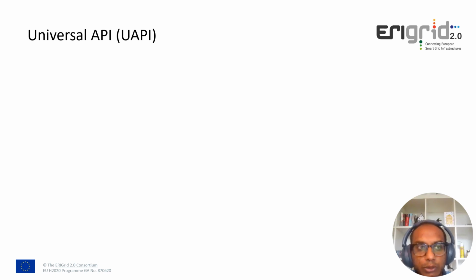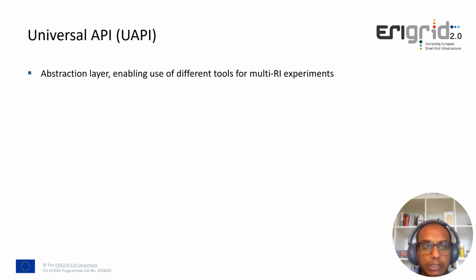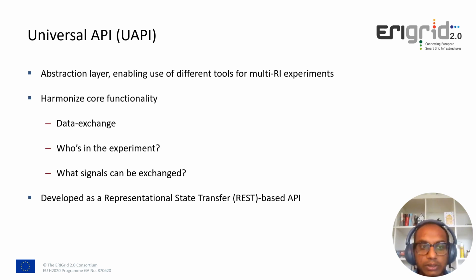And that's where the Universal API or UAPI comes in. As the name suggests, the purpose of this API is to standardize or harmonize some of the most common functionality used by these different lab coupling or transport tools. So it provides a layer on top of them to standardize some of their functionality.